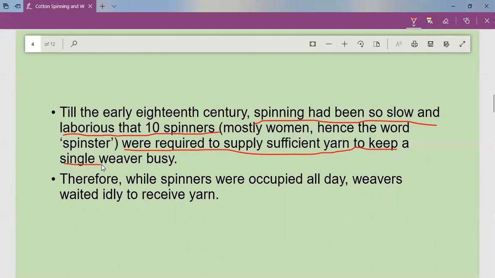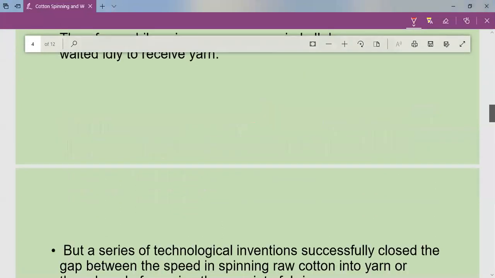So if a single weaver wants to make cloth, 10 laborers are needed to make the yarn. They should supply yarn, then only the weavers can weave. So the weavers were waiting and waiting to get sufficient yarn.